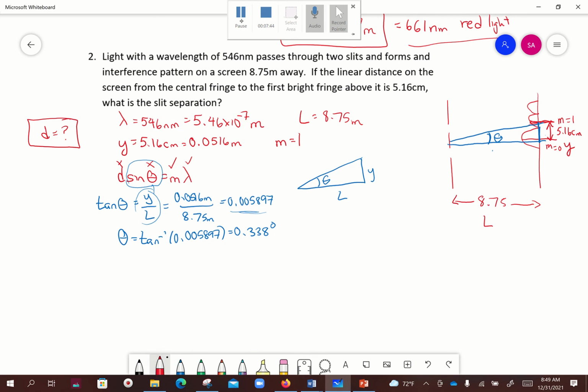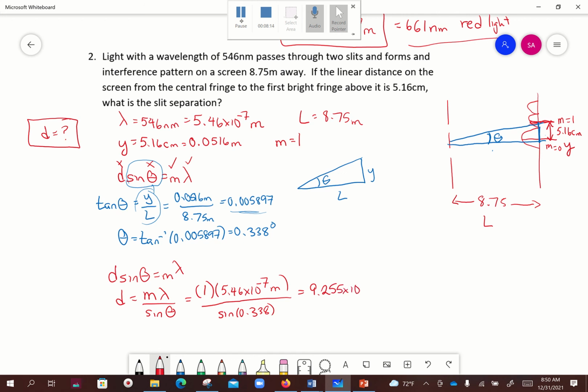All right, let's go back. Now I'm going to use d sine theta equals m lambda, so d is equal to m lambda over sine theta. m is 1, the wavelength is 5.46 times 10 to the minus 7 meters, and now we have the sine of 0.338, and I get 9.255 times 10 to the minus 5 meters.